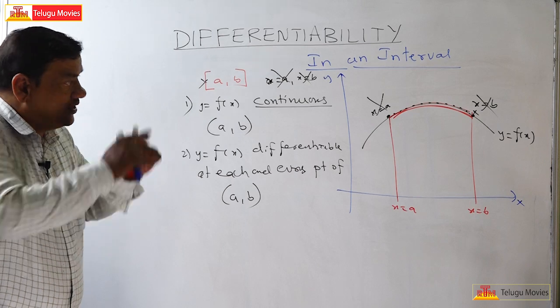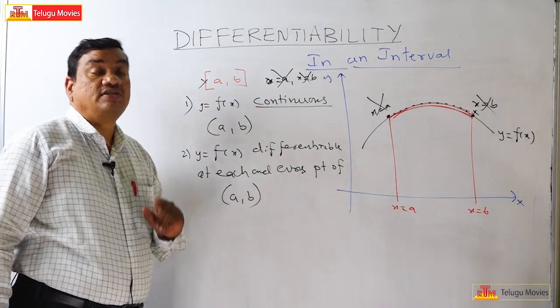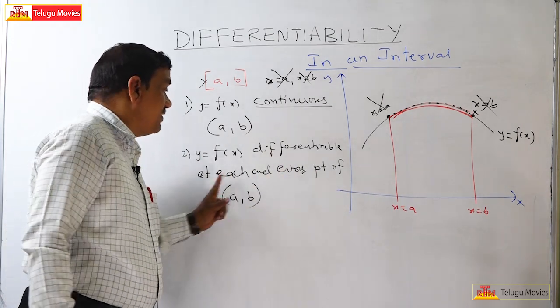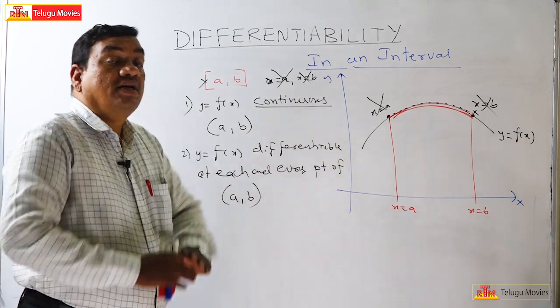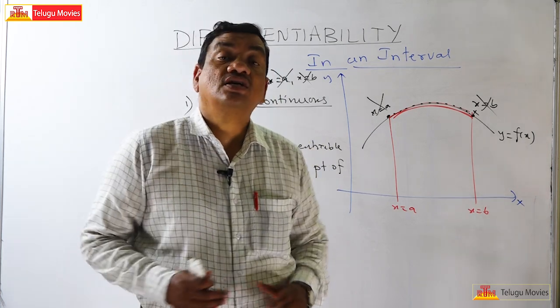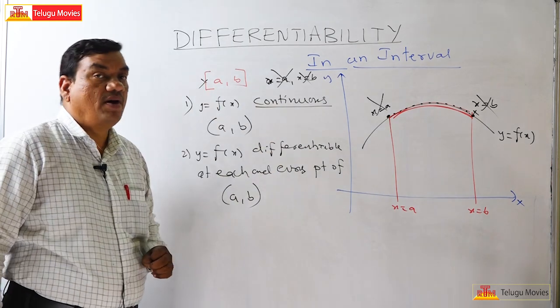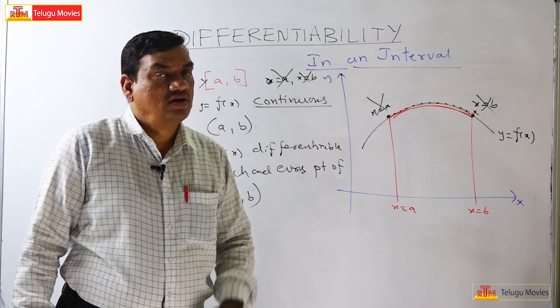Understand this. So if it is the open interval a comma b, first it should be continuous. Second, it should be differentiable at each and every point of a comma b. Then on the whole we will conclude that the function is differentiable in the interval a comma b. Very simple concept. Okay, so let us continue our topic.